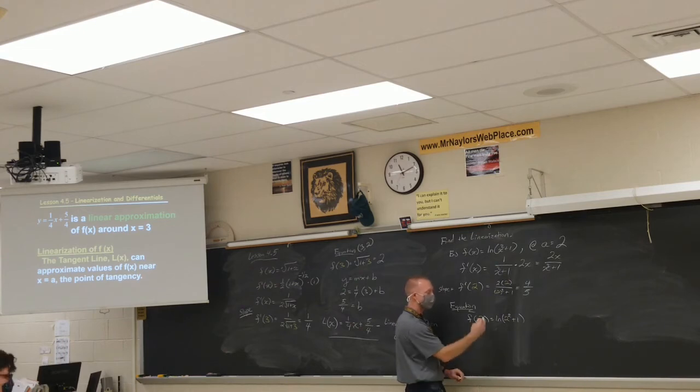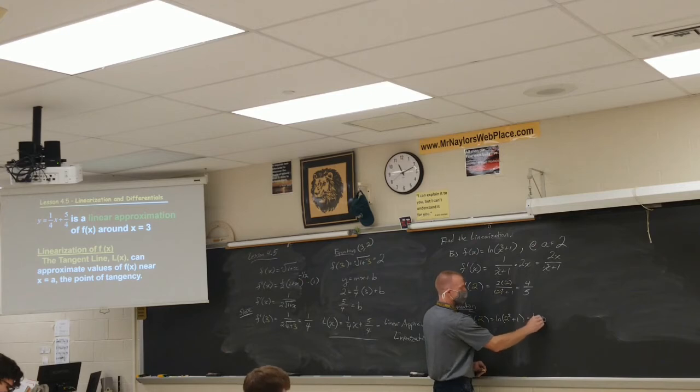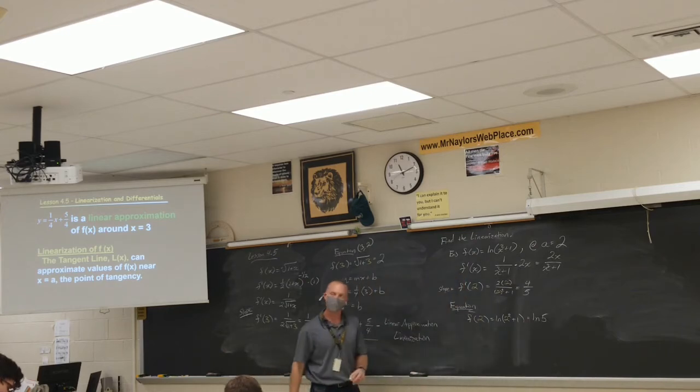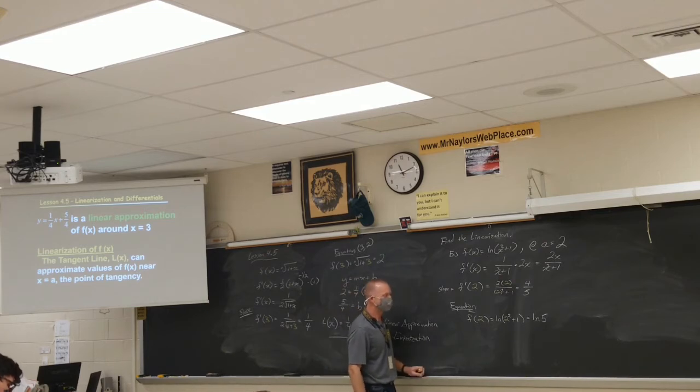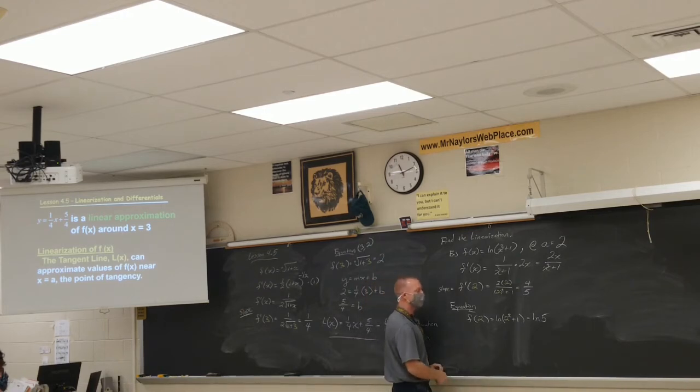In other words, it's okay to say the log of 5. It's also okay to get the decimal, but I want to throw this at you here because it is a little more formal, and you'll see it in the solution manual, so it's definitely acceptable. So there's your y value, and you're going to plug ln of 5 in for y.